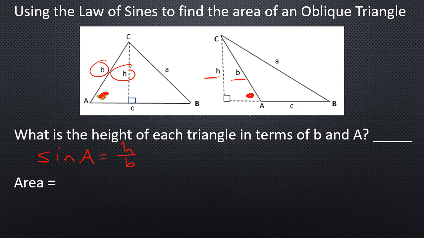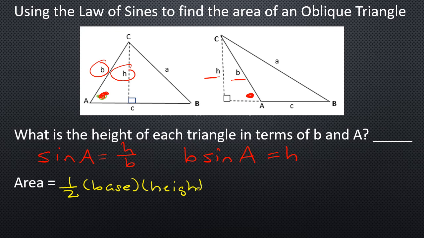If I take a minute and solve that for H, I get that B sine A equals the height of my triangle. So now if I think about it, the area of a triangle is 1/2 my base times the height of my triangle.